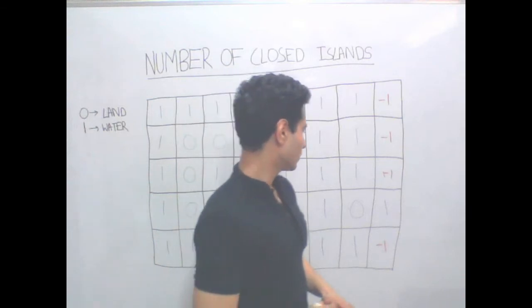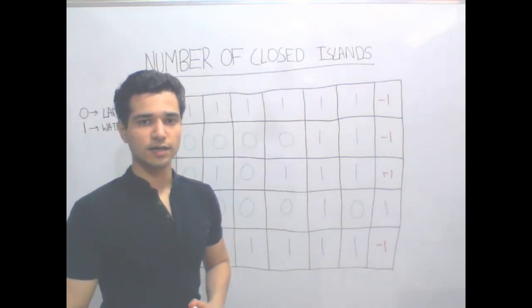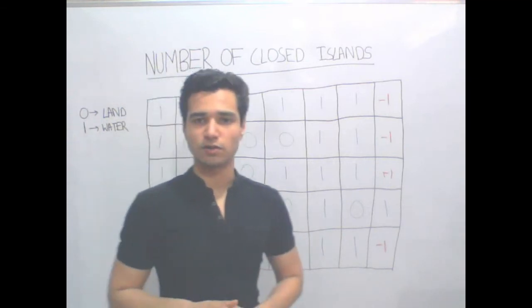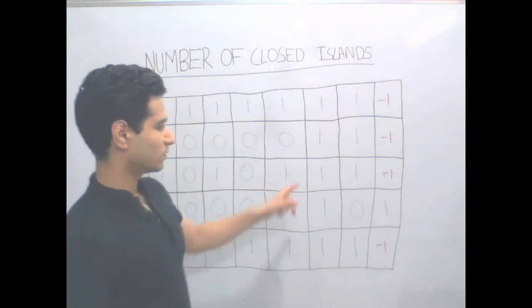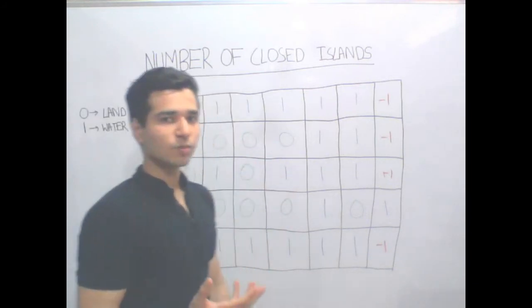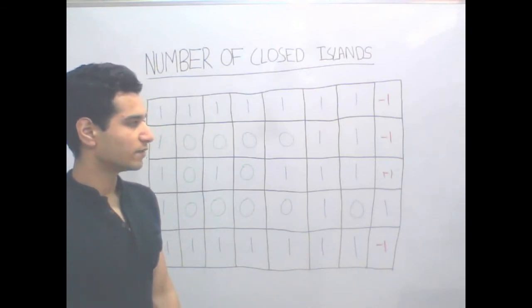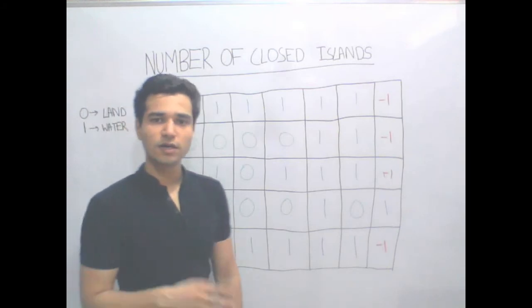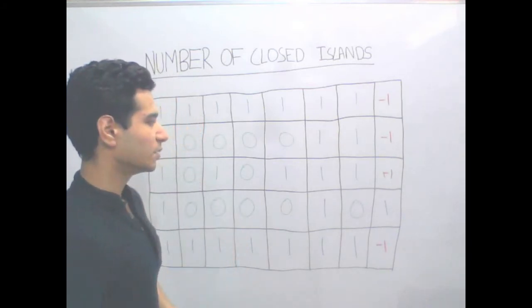So all the land area that cannot be a closed island has been eliminated already. Now we can again do DFS on the rest of the nodes and see how many actual islands are there. So whatever islands we find now will be closed islands because the other islands were already eliminated.